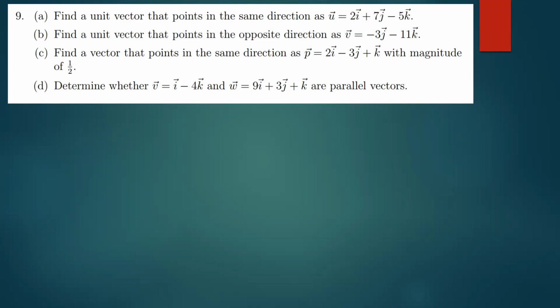Okay, so we begin. The first question is, find a unit vector that points in the same direction as u. So u has been given as 2i plus 7j minus 5k.